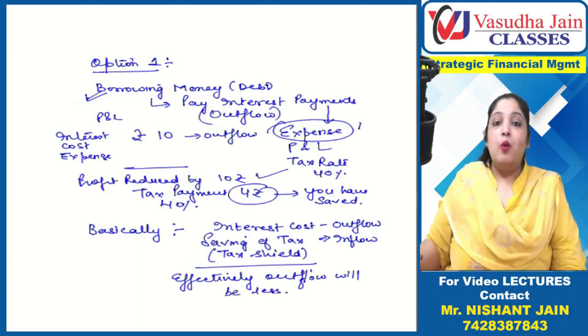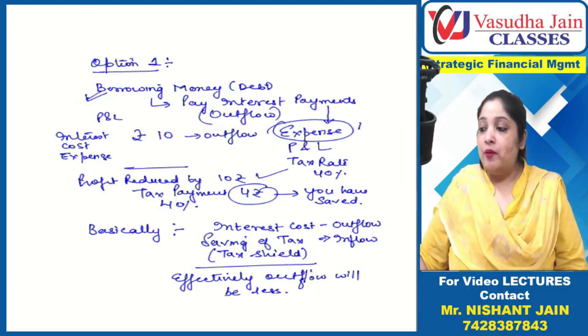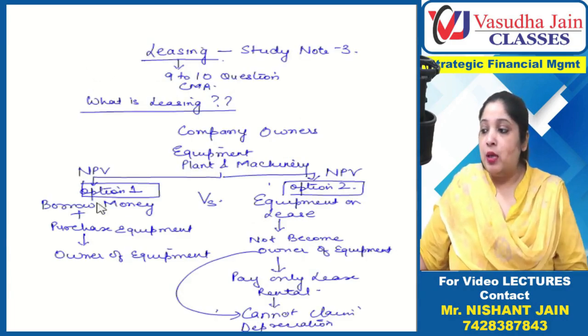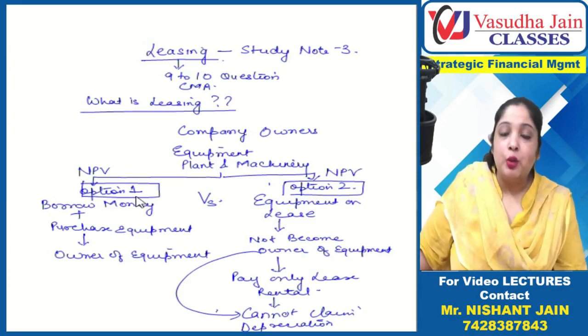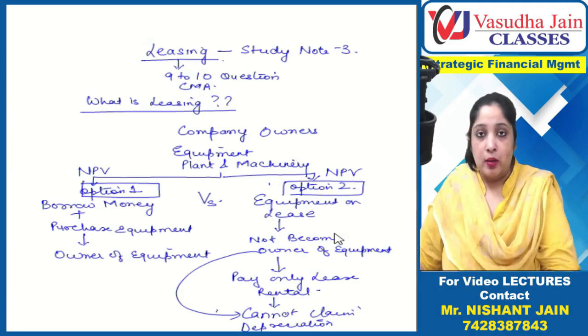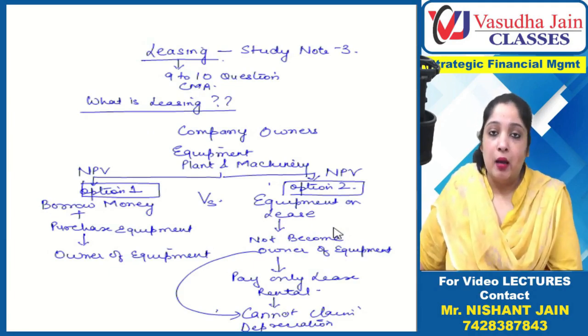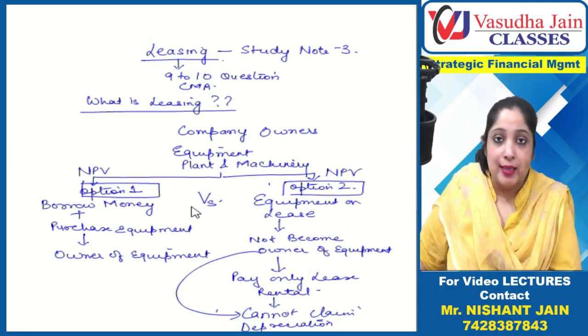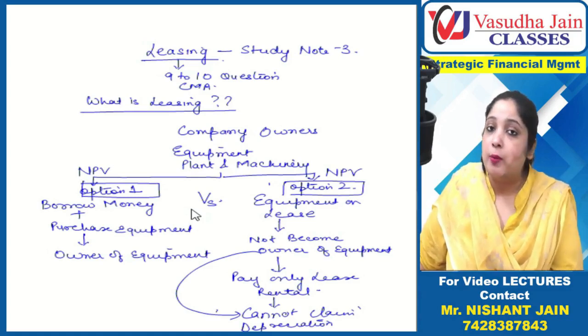Now when we are going to compare in the question whether it is beneficial to borrow money and purchase the equipment or directly lease the equipment, then in this comparison we have to see the inflows and outflows under both the options.